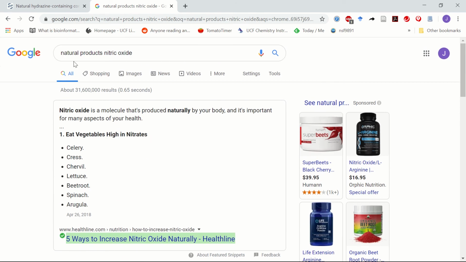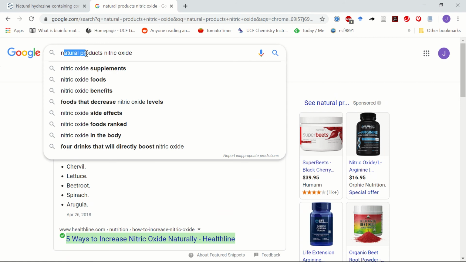And that's because of the particular keywords that I use. Natural products is a keyword that will often be found on websites that are selling herbal remedies, and nitric oxide is a keyword that's often found in these weightlifting supplements.